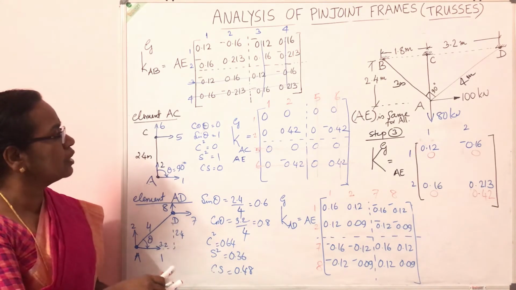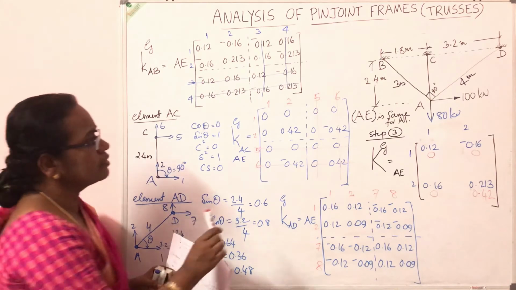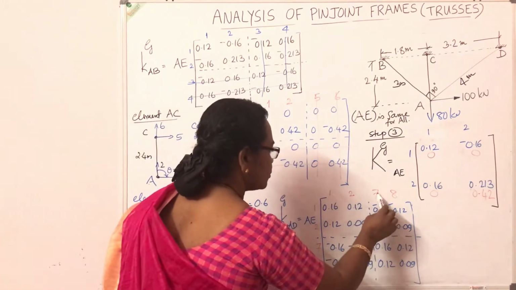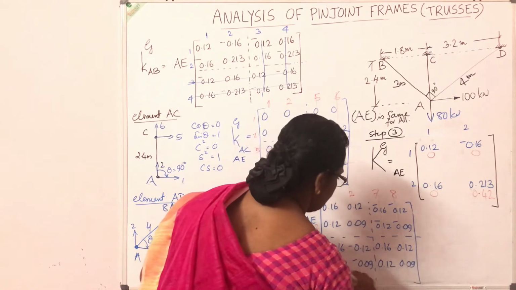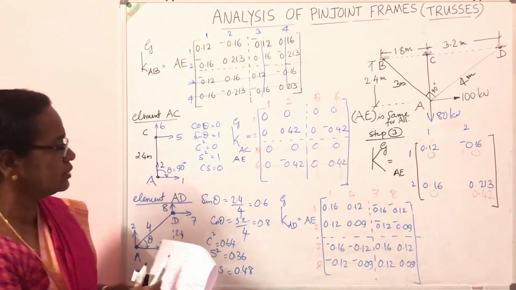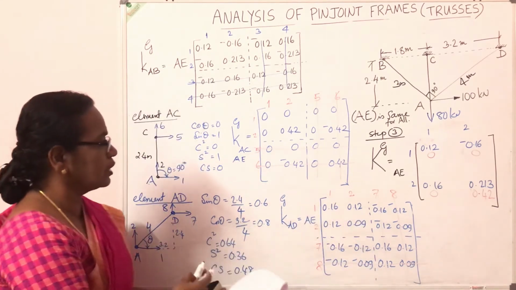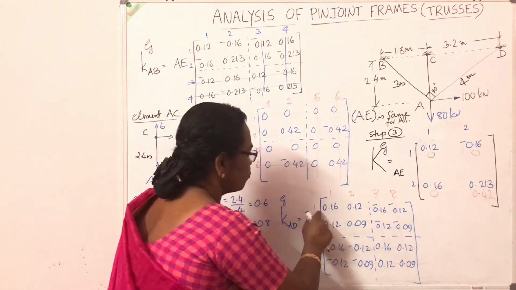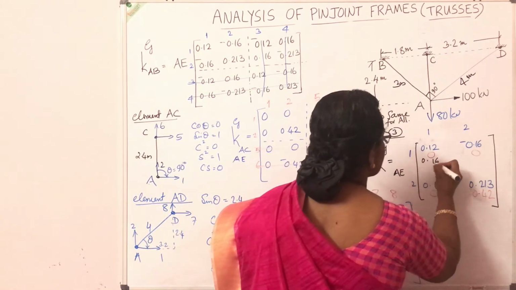Now coming to the third element. For the third element, D7 and D8 are 0. So we have to delete 7, 8. Delete rows and columns bearing numbers 7 and 8. So the remaining are the 4 elements. Post them accordingly. In the position 1, 1, there is 0.16.